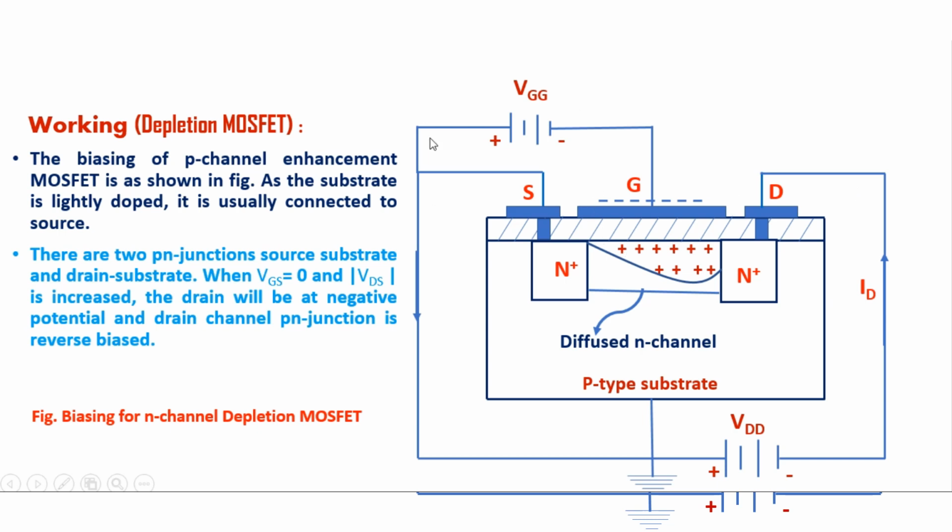When gate to source voltage is equal to 0 and drain to source voltage is increased, the drain will be at positive potential and the drain-channel PN junction is reverse biased.